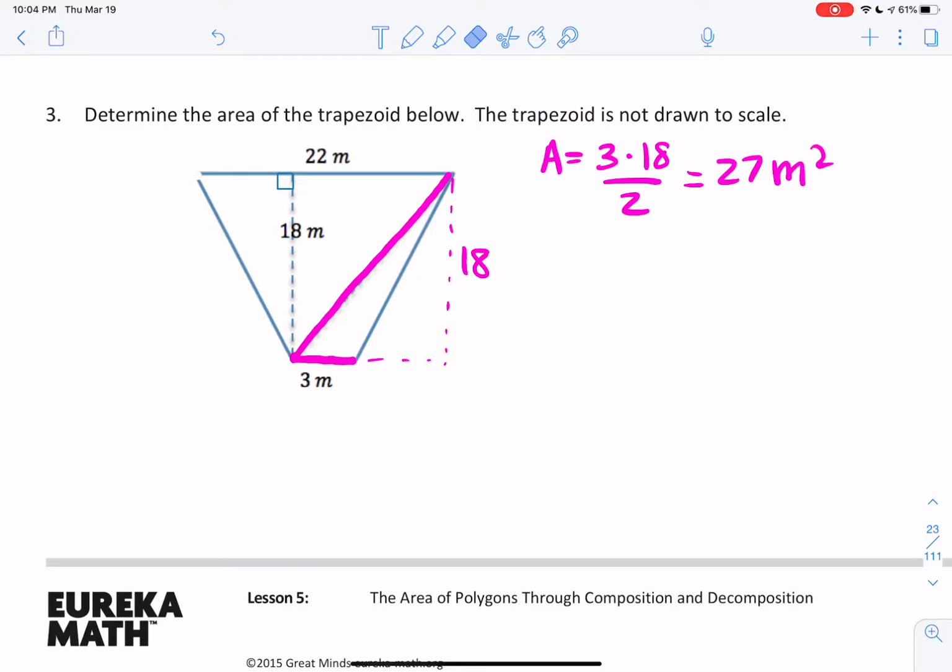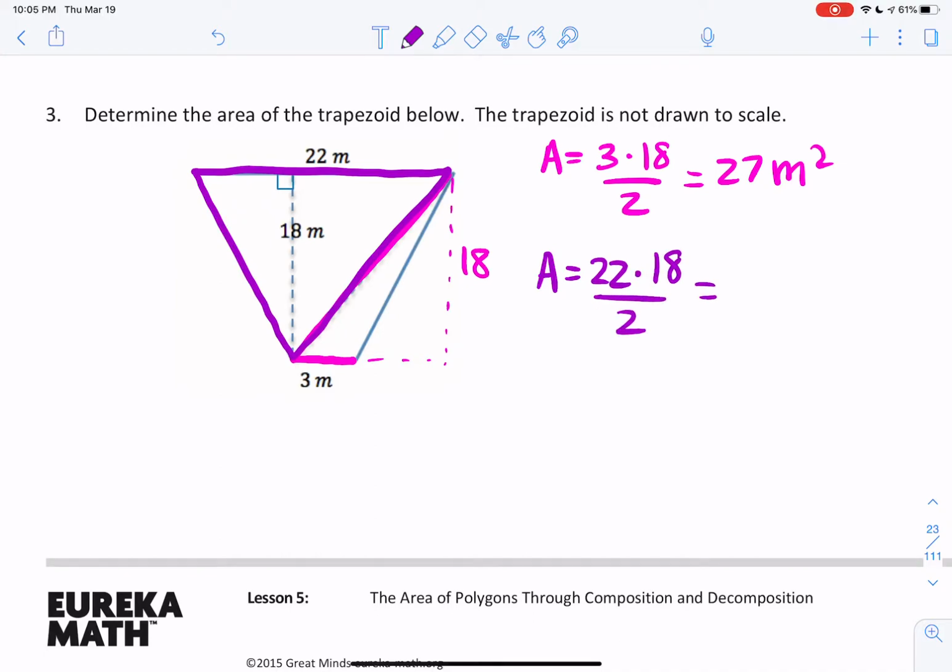Now if I want to find the area of the purple triangle, the purple triangle is this guy. If I were to flip that upside down, I'm not, but if I were to imagine it flipped, its base would be 22. Its height would also be 18, and I'm still going to divide it by 2.